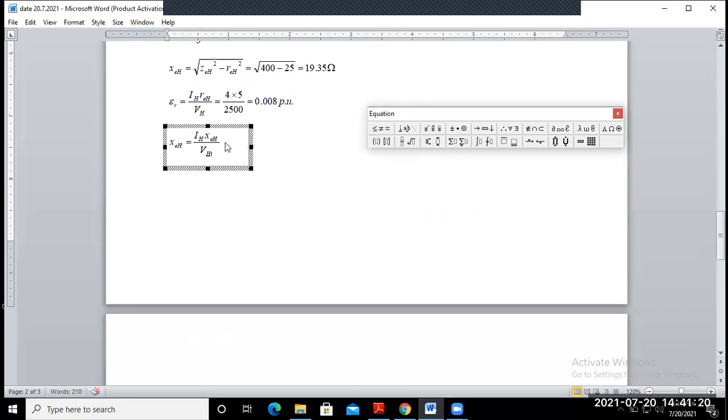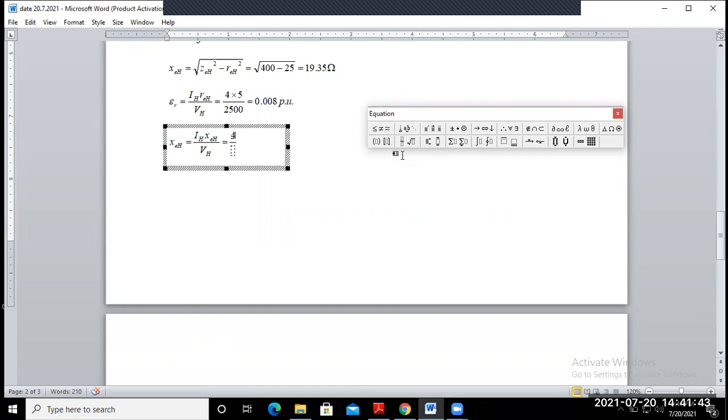Okay. So if you put here again the value of IH, XEH and VH, so IH equal to 4 into XEH equal to how much? 20.